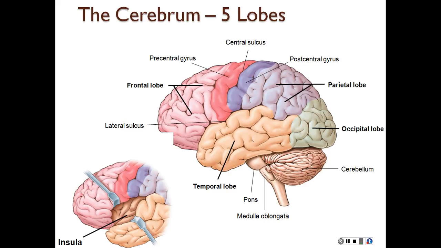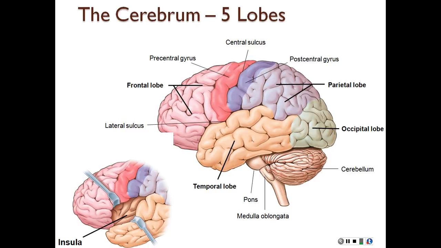Everybody see that? So you have the central sulcus, and it is the dividing point between the frontal lobe and parietal lobe. It also divides 2 gyri, and these are probably the only gyri that you'll need to know by name and function. You have the precentral gyrus and the postcentral gyrus.